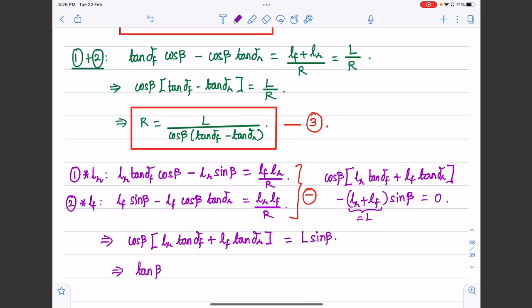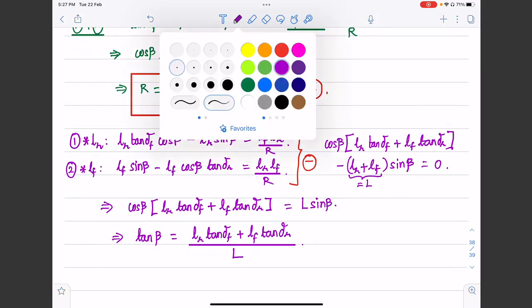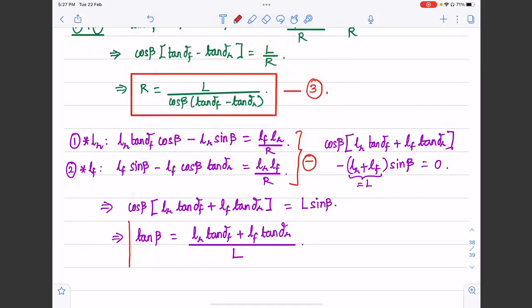If we cross multiply, sin by cos is tan, so tan beta will now become LR tan delta F plus LF tan delta R divided by capital L. So we have derived an equation for beta. Let's call this equation number 4.